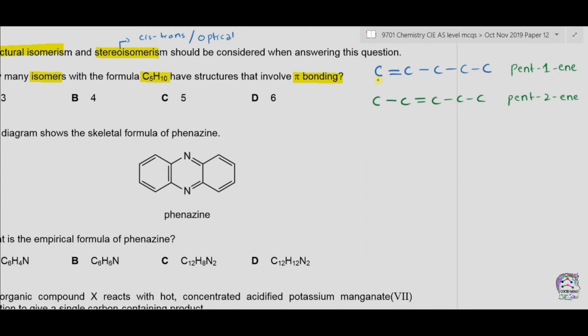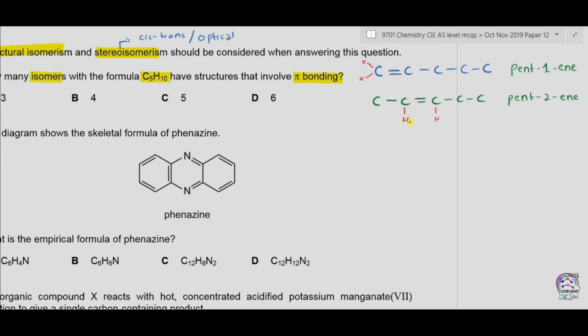Now looking at the cis-trans isomerism, we have pent-1-ene, and in this one the double bonded carbon is making bonds with 2 hydrogen atoms. As both atoms are similar, pent-1-ene cannot show cis-trans isomerism. In pent-2-ene we can see that the double bonded carbon is making one bond with a hydrogen atom and the other bond with CH3, while the other double bonded carbon is making one bond with hydrogen and a second bond with ethyl.